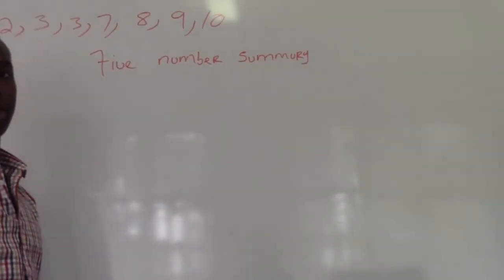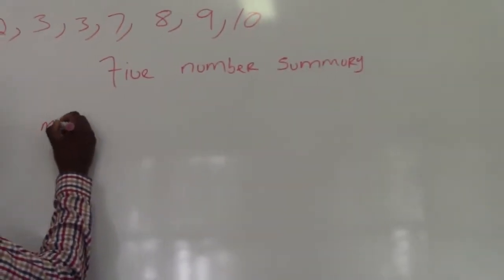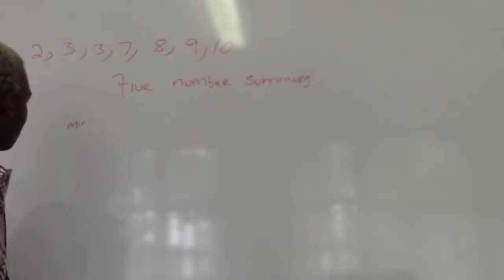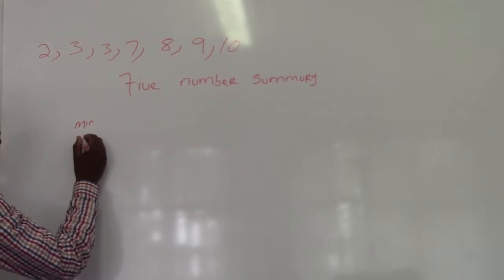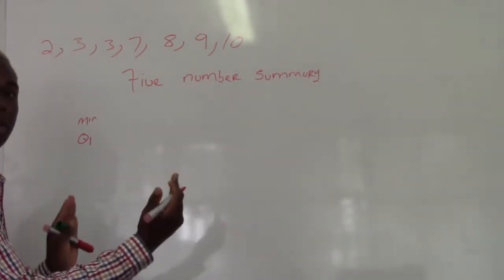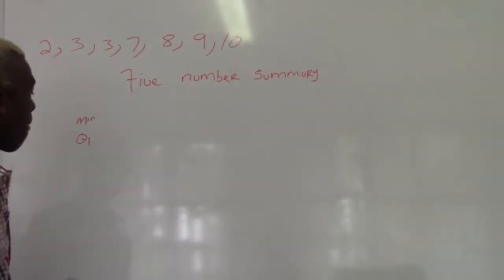From the 5-number summary, we're going to determine the minimum value, which is the lowest number out of the total data set. Then we're going to find Q1, which is the first quarter of our given data set.